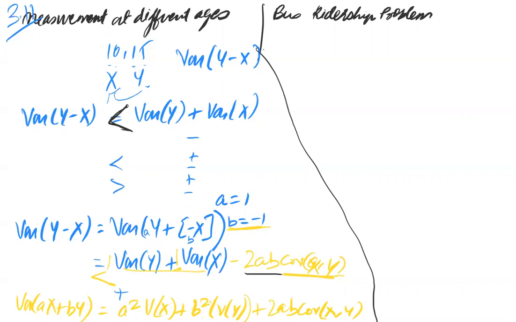Okay, the bus ridership problem, I'll just go over this again because I've already gone over this I think in discussion 2. So the bus ridership problem was simple. You had a bus that was going around. Initially, it had 0 passengers.